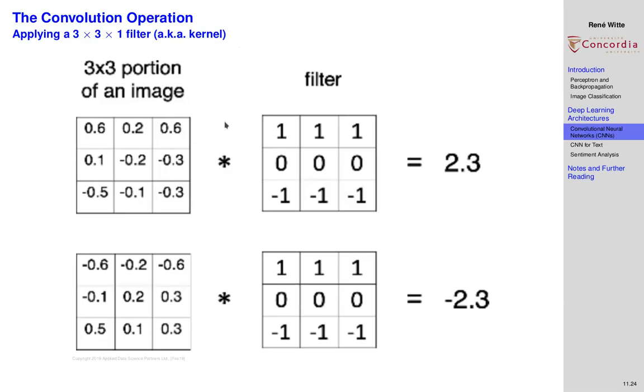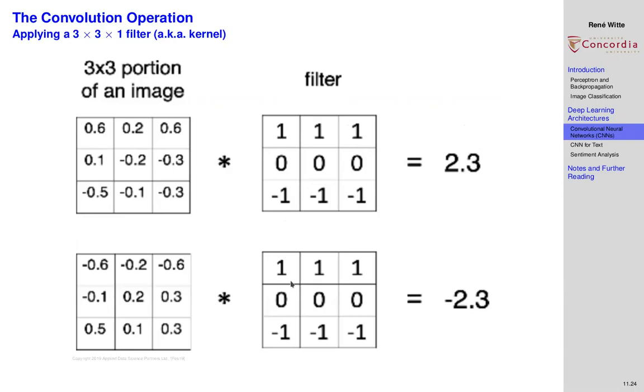So the way it works is just a simple matrix multiplication. Here, this is part of an image, a 3x3 portion that we obtained. And then we have a filter here. And then we just multiply these two together, 0.6 times 1 plus 0.2 times 1 plus, and so on. And then this filter gives you, as the output, 2.3.